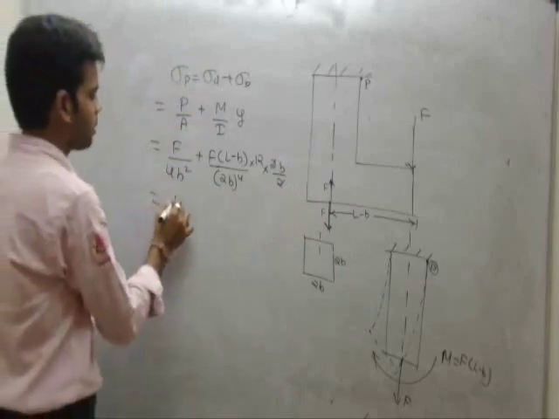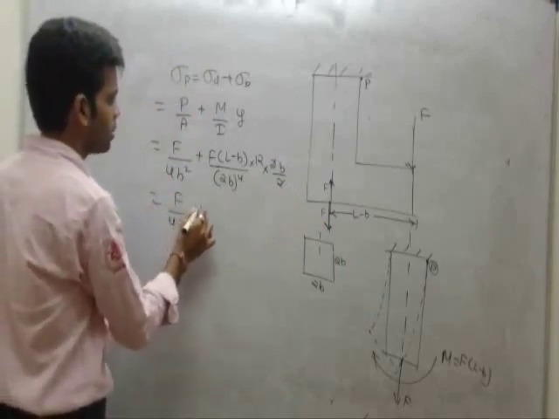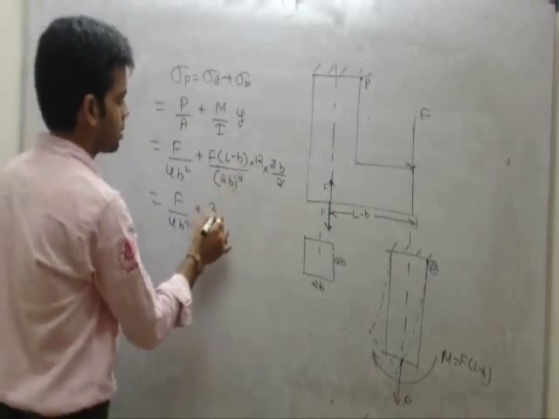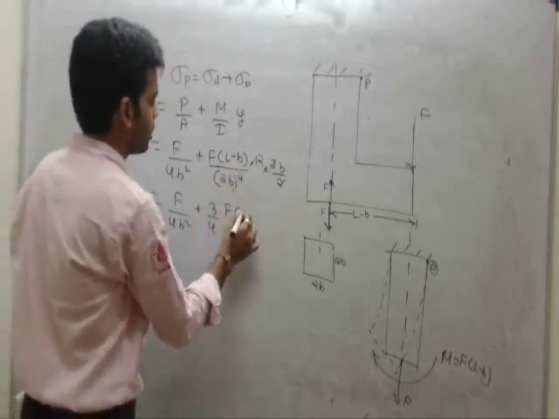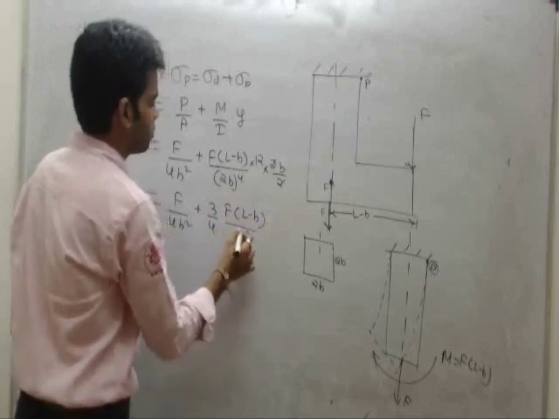So from here we will get F upon 4B square plus 12 by 16, which is 3 by 4, F into L minus B upon B cube.